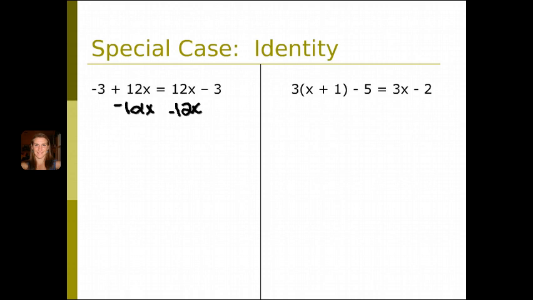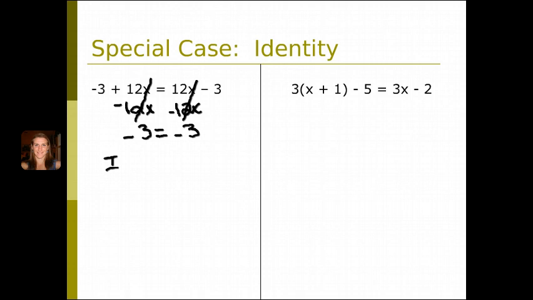Well, 12x minus 12x cancels out to 0, leaving us with -3. But if you look on the other side, we also have 12x minus 12x, which cancels to a 0, leaving us with -3. This is what we call an identity, okay?